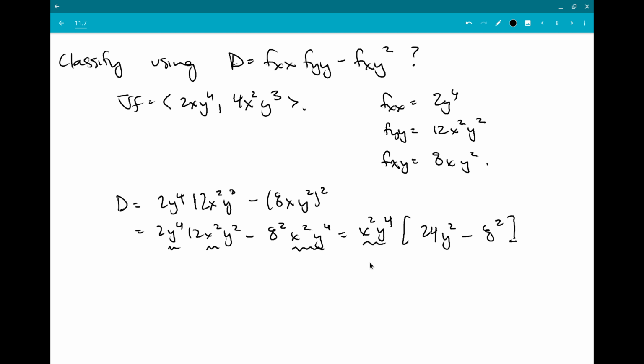And then from here, I could kind of stop because all my points are (0, y) or (x, 0). But no matter what, that term out front is going to be 0. So for all the points I found, if I try to plug them in here, x is 0 or y is 0, doesn't matter what happens in here, I'm going to get 0 out front times a number, still gives me 0.